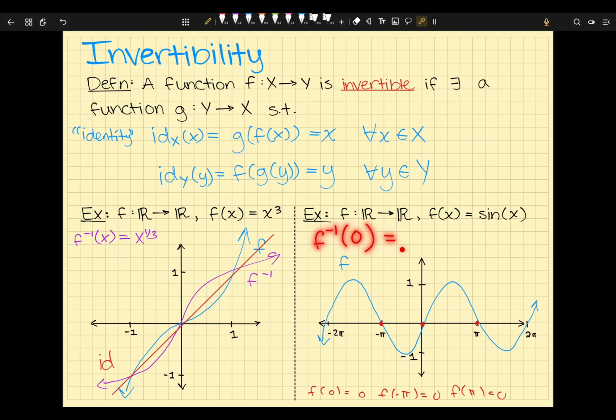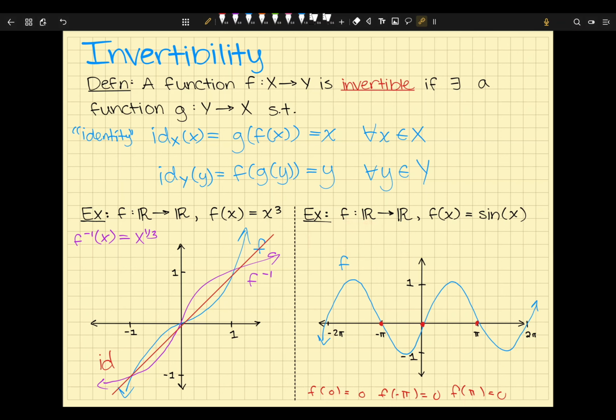Well, what should be the inverse of 0? We want to know what gets mapped to 0, but the issue is that multiple things get mapped to 0, because f maps 0 to 0, it maps -pi to 0, it maps pi to 0, and so on. So there's no clear inverse for 0. It could be any one of these infinitely many inputs.